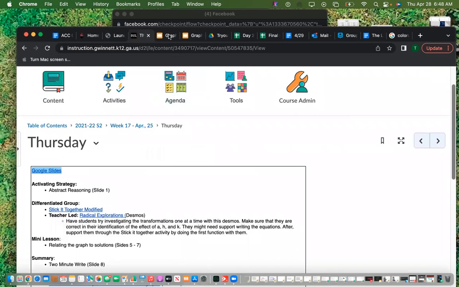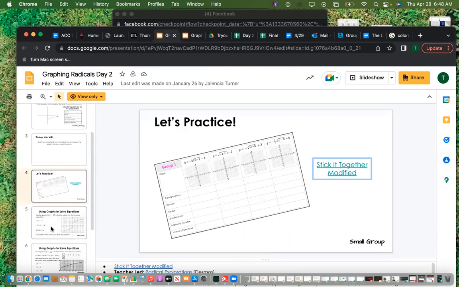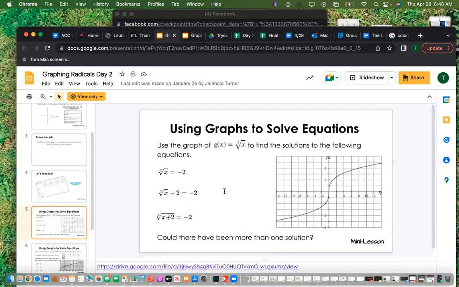All right, going back. Using graphs to solve equations: using the graph to find solutions of the following equations. If I look at the y value when y is -2 on this one, what's my x?